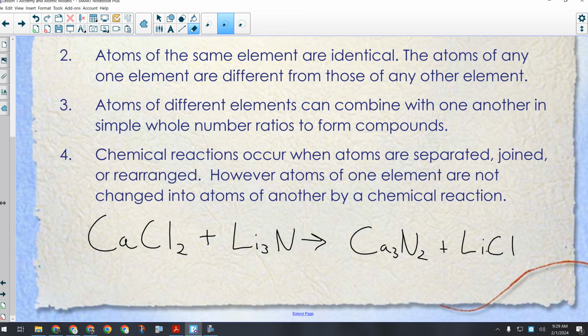Now, what he would see in that chemical reaction was his 2 compounds that he started with that had certain colors and textures. And after the reaction, he had 2 different things that had different properties, different colors, different smells, different textures. But what he knew was they were still made of the same things he started with. In this reaction, I only have 4 elements: calcium, chlorine, lithium, and nitrogen. And on the product side, I still have the same 4 elements.